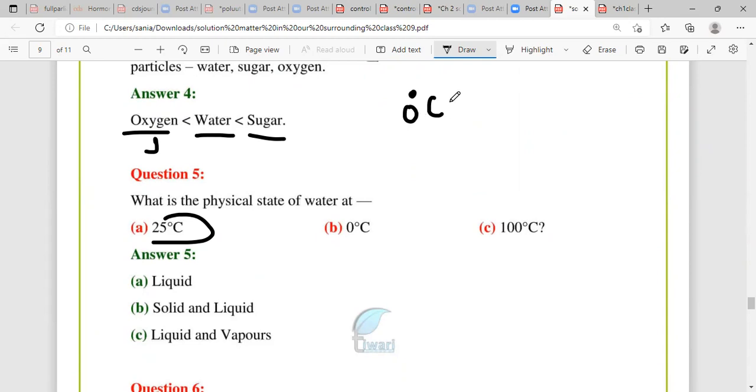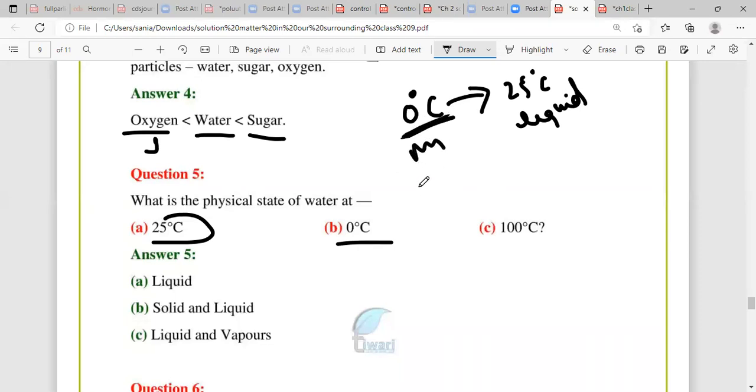After 0 degrees Celsius, at 25 degrees Celsius, water will be in liquid form. At 0 degrees Celsius, the melting point, it will be solid or liquid. And 100 degrees Celsius is the boiling point, so it will be liquid and vapor. Clear? Yes, ma'am. So you can write it down.